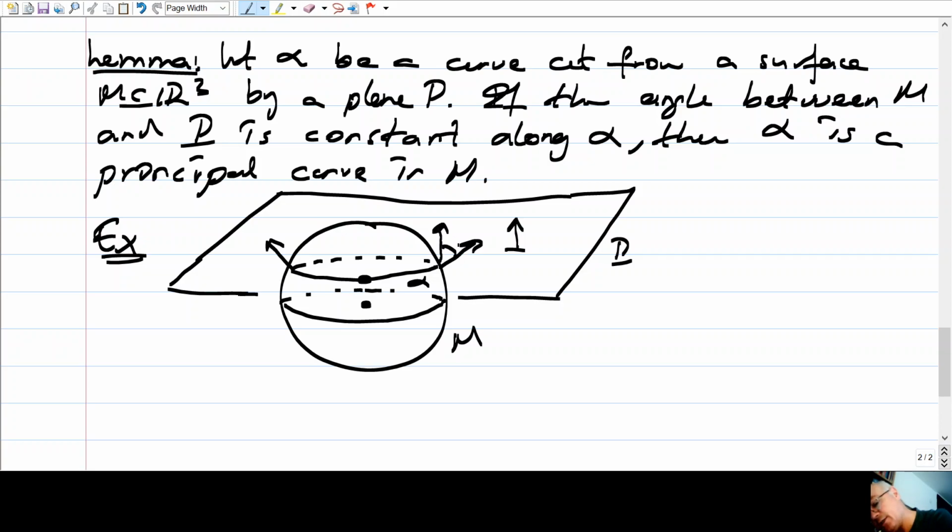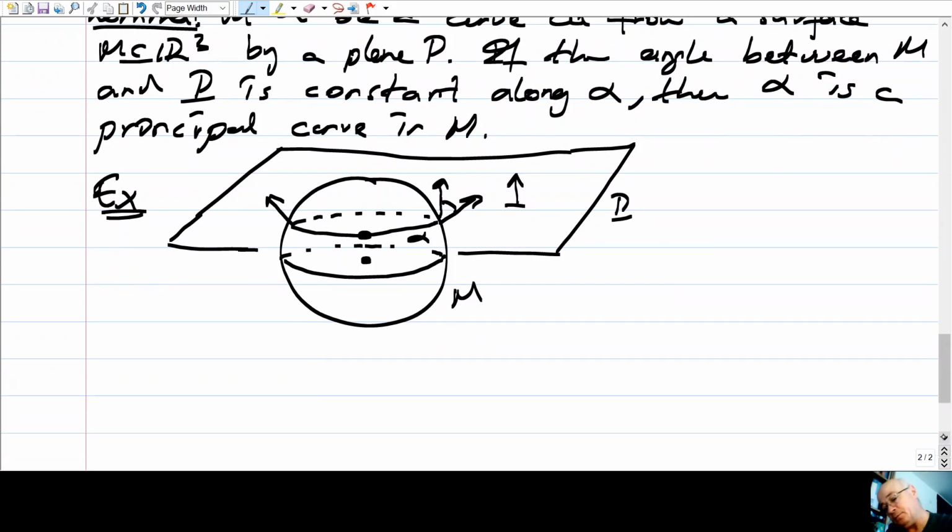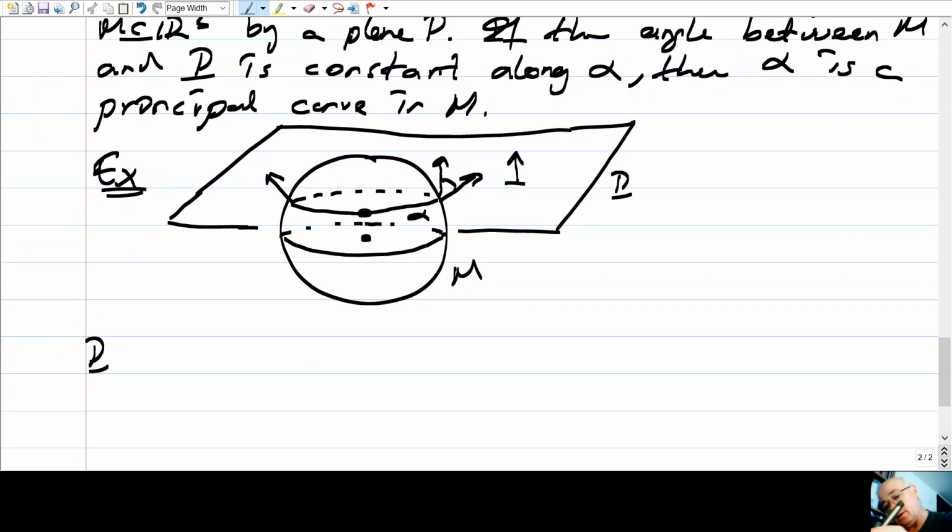Therefore, this parallel is a principal curve. Actually, along any surface of revolution, parallels are principal curves.